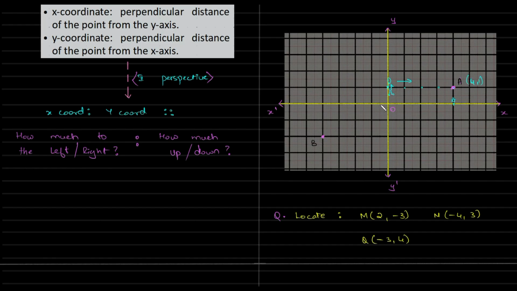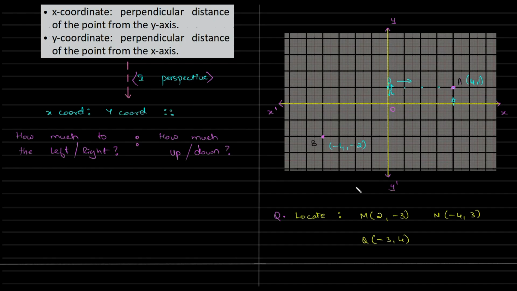And point B is 4 steps to the left, 2 steps down: (-4, -2). So this is what the address rule is. This is how you should put it. Let it sink in.